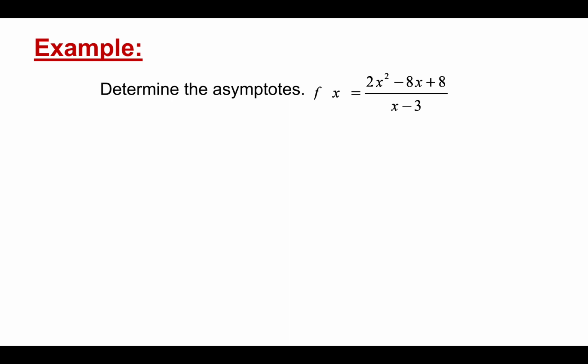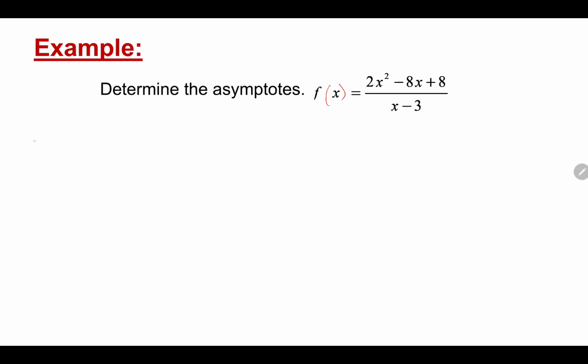All right, so here we have a rational function. And we need to figure out what the asymptote would be. And the general way we handle these is we just do this long division.